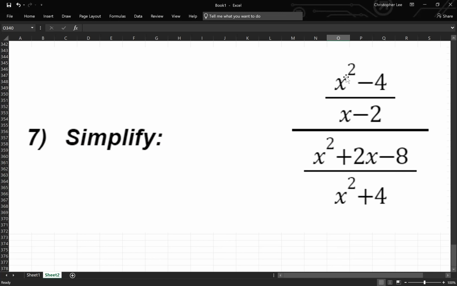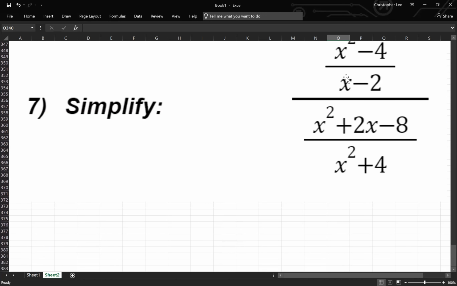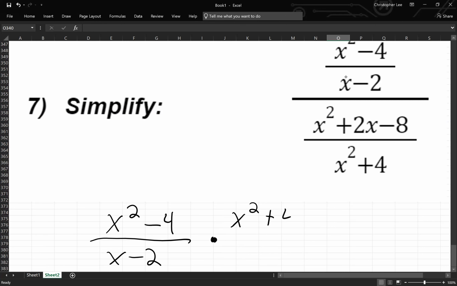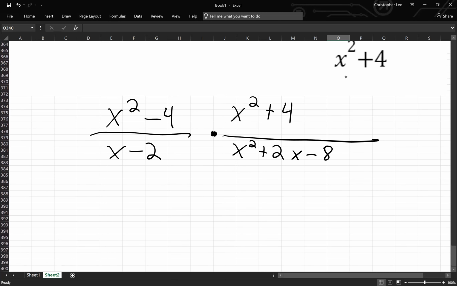Because I have a fraction divided by a fraction already. So keep change flip. So I'm gonna have x squared minus 4 over x minus 2. Change this to multiplication. Flip the denominator. Now you can factor, right? So go ahead, factor for me. What's the top gonna be?